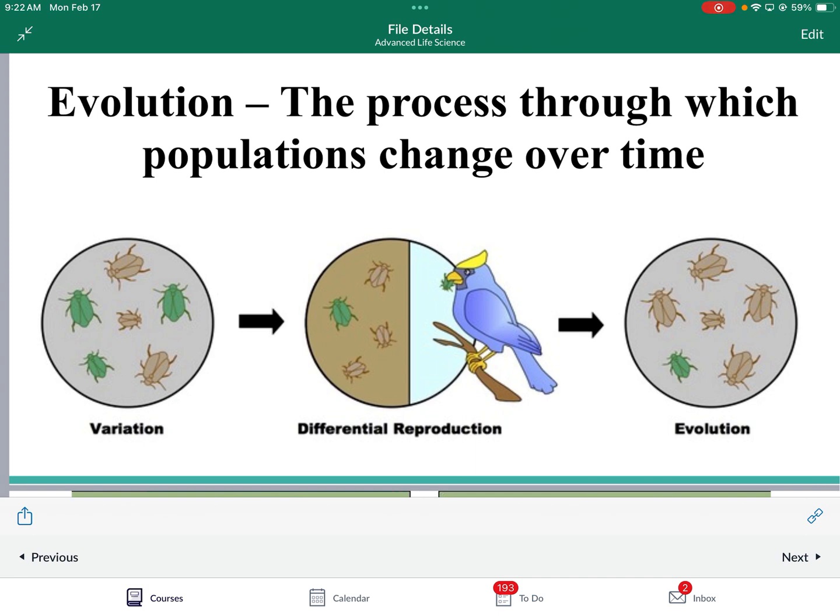But now they're covered in soot, like ash, and they don't blend in anymore. So those are the variety that got picked off, and you see that population changing because the ones that are able to survive reproduce. So the colors, shapes, or structures that are most advantageous get passed on to the next generation, and then over time change the entire population. Okay.